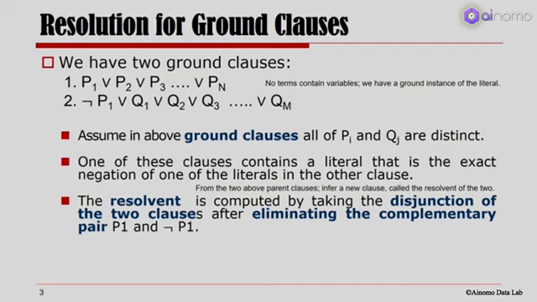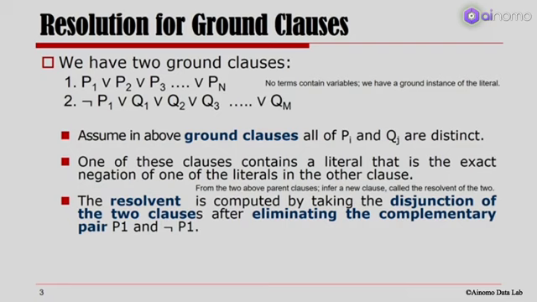Here I have two clauses now, P and not P. If I resolve them, I end up having the empty clause. Now this is written by an empty box. That's the representation that we will use here for an empty clause.